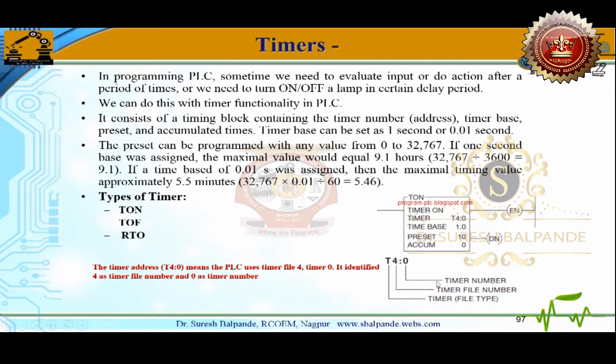T stands for timer, this is the file number, and this is the timer number. In case of Allen Bradley PLC, we can use 256 timers. On timer, off timer, or RTO, all three timer types share the 256 timers available. So this number will start at 0 and end at 255. This 4 always remains the file number because 4 is allotted to the timer, and T also stands for timer.